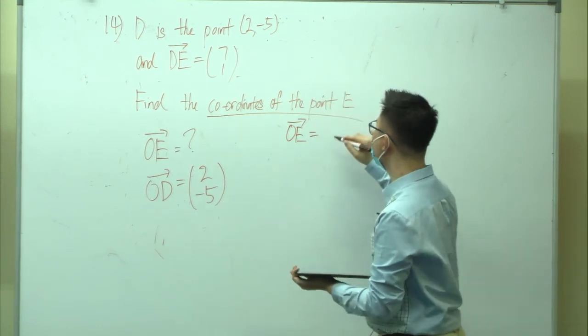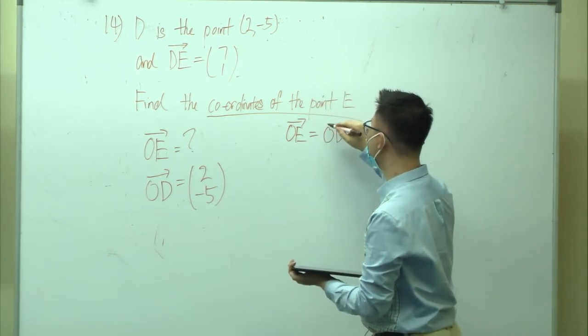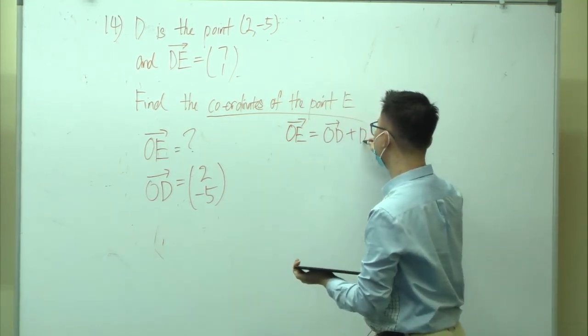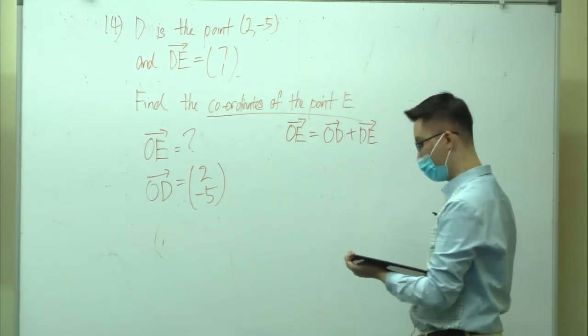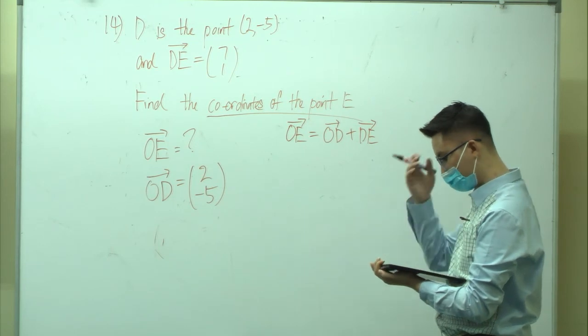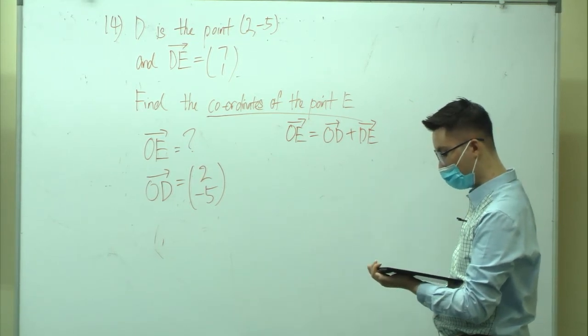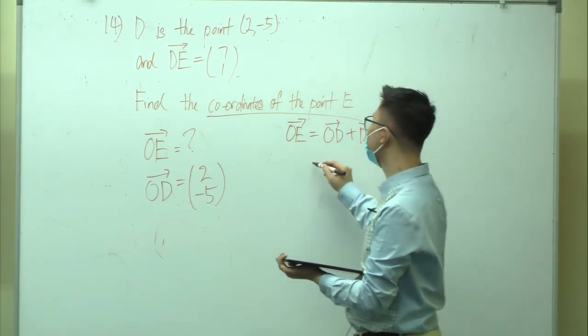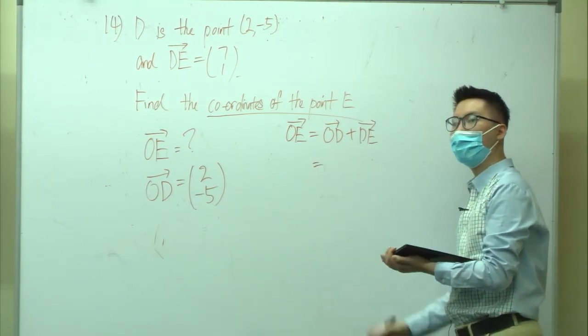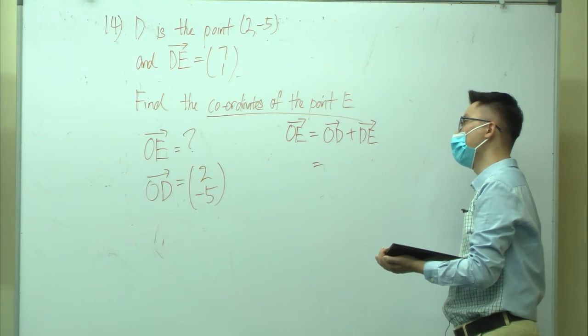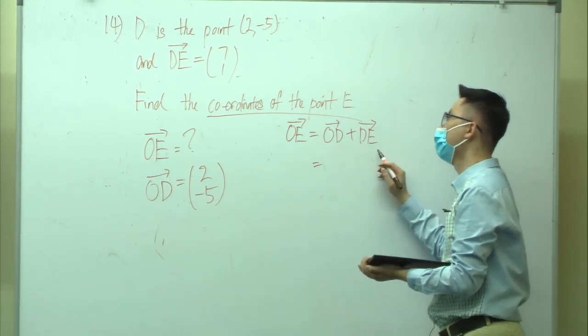OE just simply means OD plus DE. That's all. Right? OE just means OD plus DE using the law of vector addition. OD plus DE.